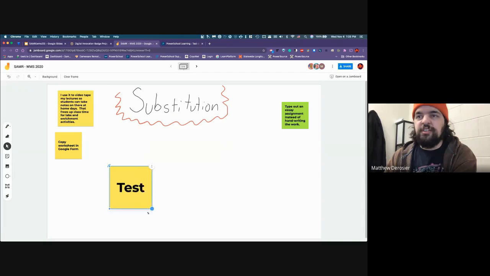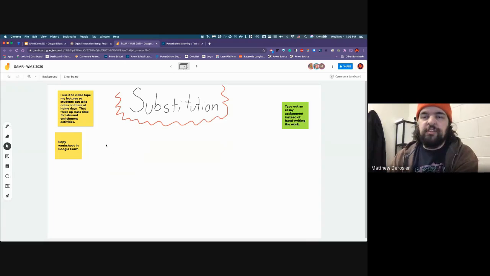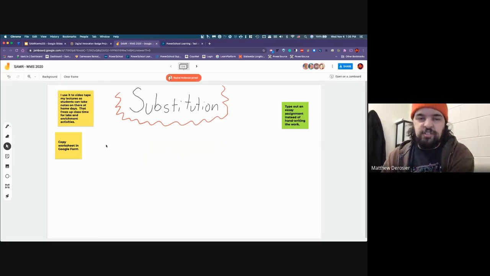We can resize it if we need more space. And I can go ahead and delete that. And what I've been having each group do is put ideas for what they're doing at each level, or an idea for something that could be considered one of those levels of tech integration, and just contribute their ideas onto this board.